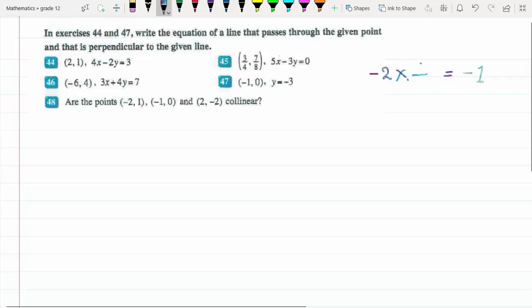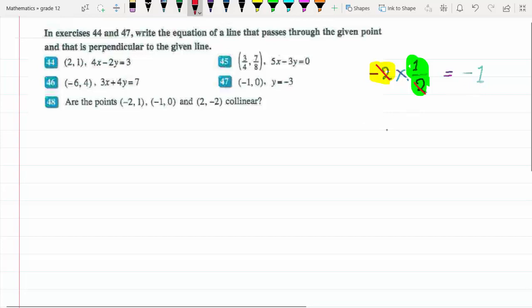So definitely the slope of the other line is equal to 1 over 2, because if we multiply these two numbers, the first line's slope and the second line's slope, 2 will be cancelled with 2, and -1 times 1 is -1.